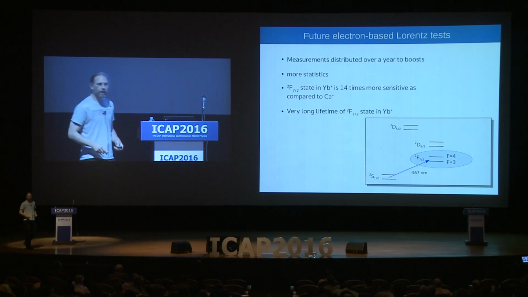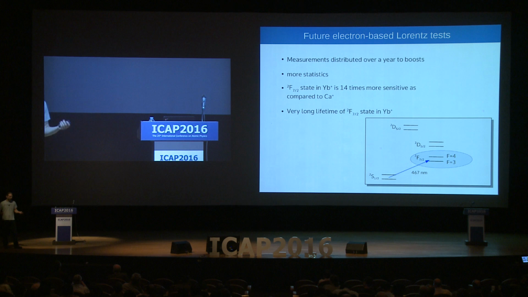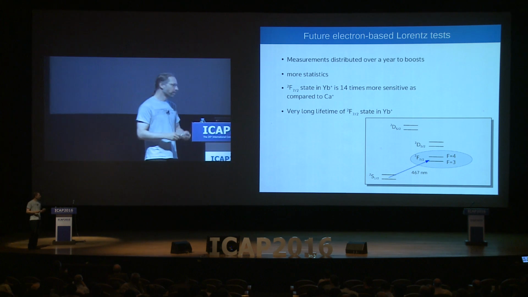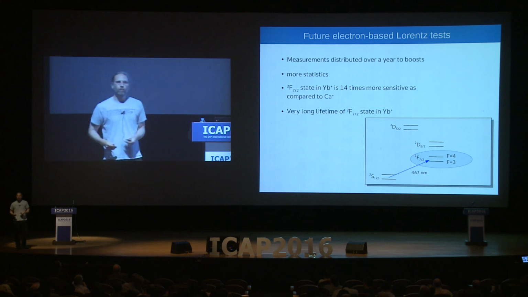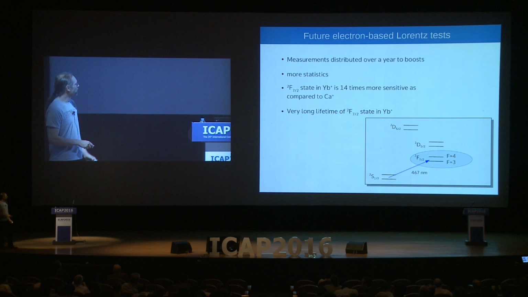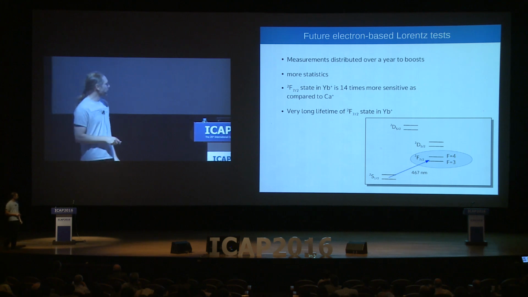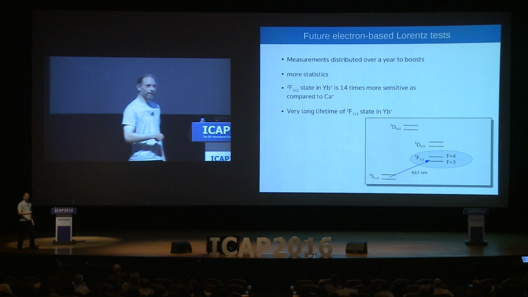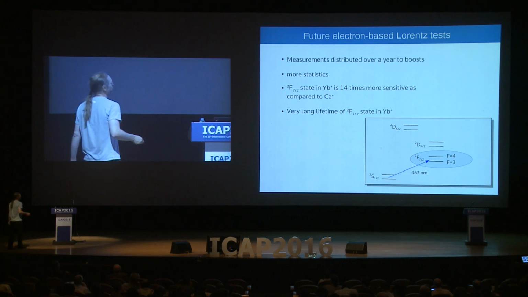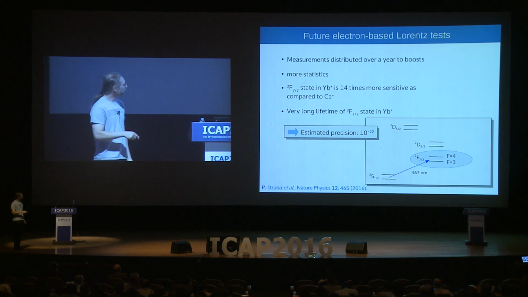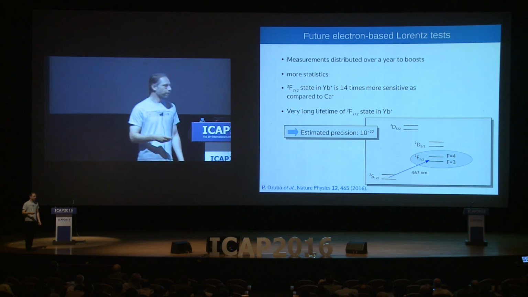Since we have seen in other experiments that you can maintain coherence in decoherence-free subspaces for 30 seconds, it's reasonable to assume that you can do at least that well if you start shielding magnetic field gradients. So overall, we expect that we can gain another 2 or maybe even 3 orders of magnitude. And in this paper down here, we estimate that we should achieve with ytterbium a precision of 10 to the minus 22.